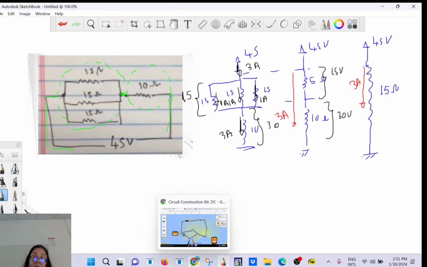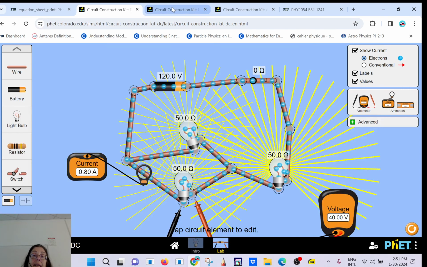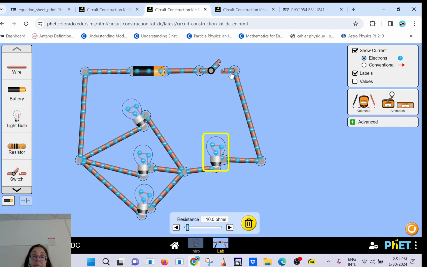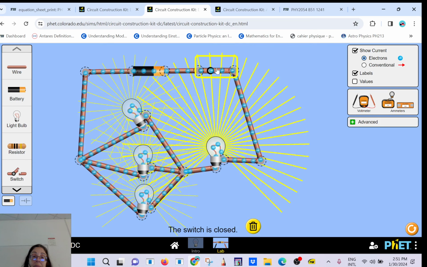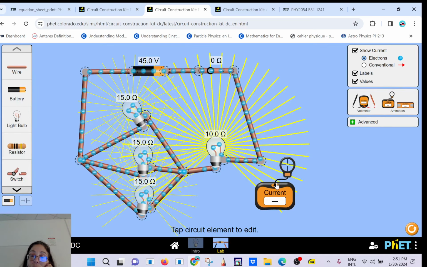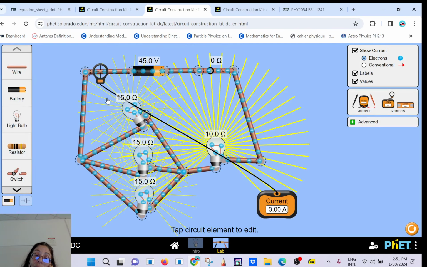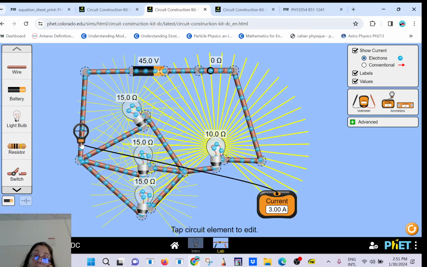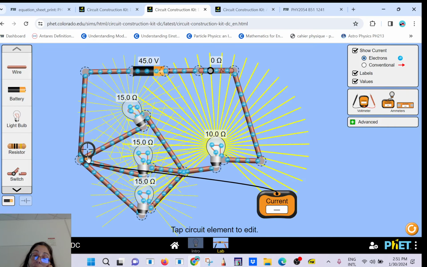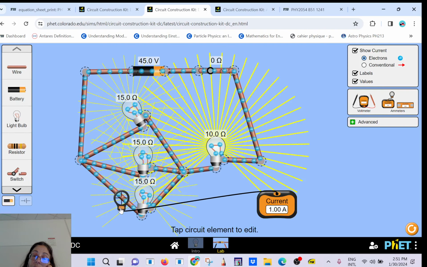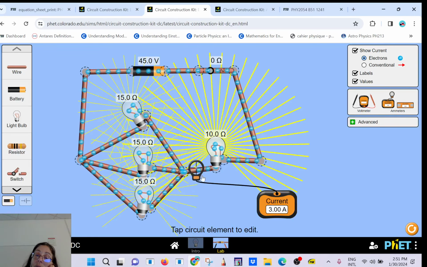So if I go back to my slide here, okay, so let's measure the current. Current is 3, and then it's going to split in 3 because it's the same load. You see, current is 1 in each branch. Coming back, merging together again is 3.